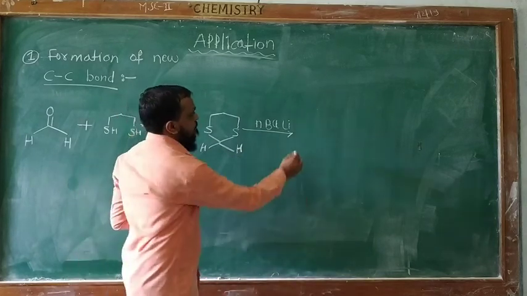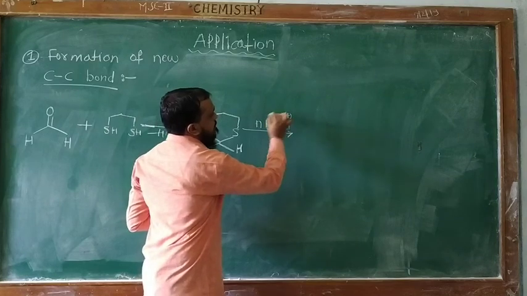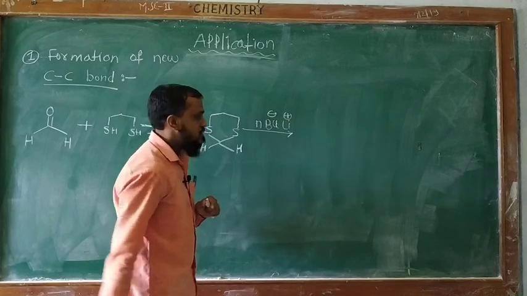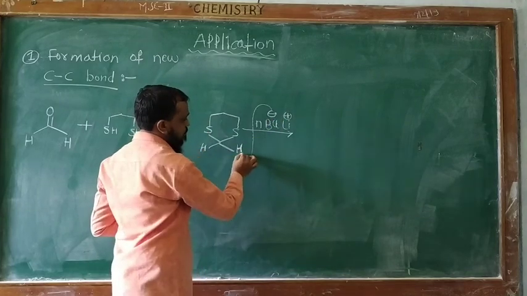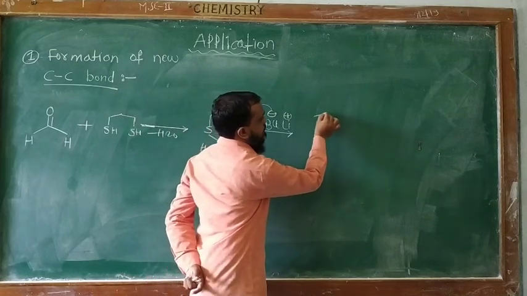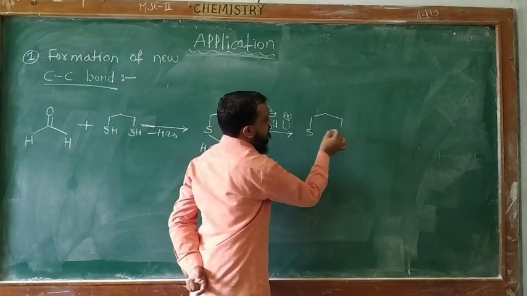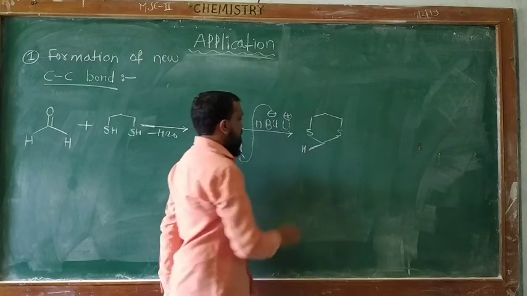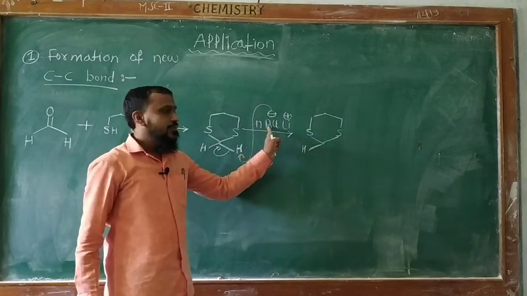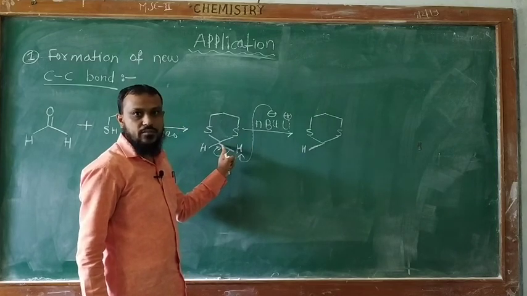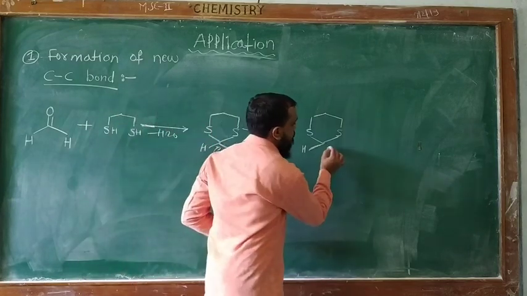Here Li consists of positive charge and Bu consists of negative charge, so this Bu extracts this proton, due to which the lithiated salt will be generated. This proton is attracted by Bu negative, so this bond shifts toward the carbon and the carbon bears a negative charge.